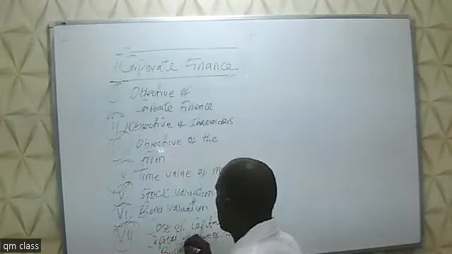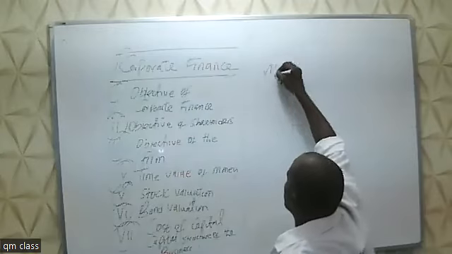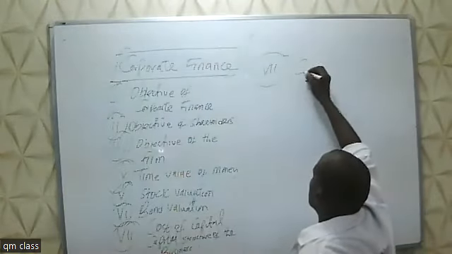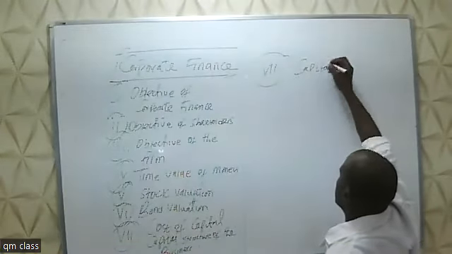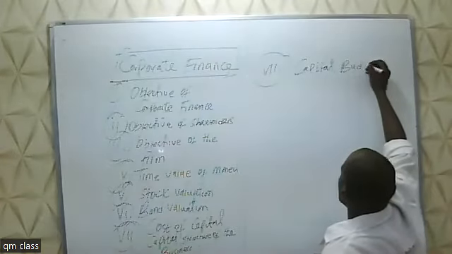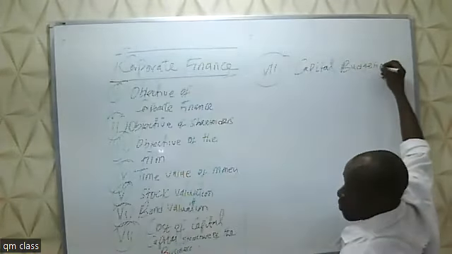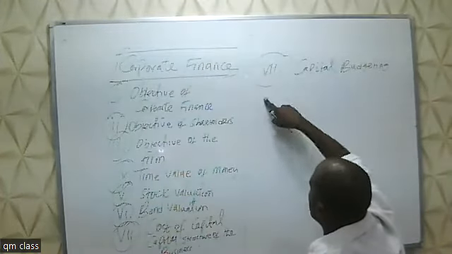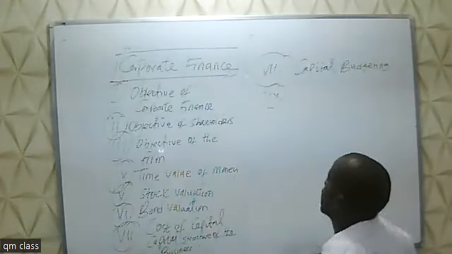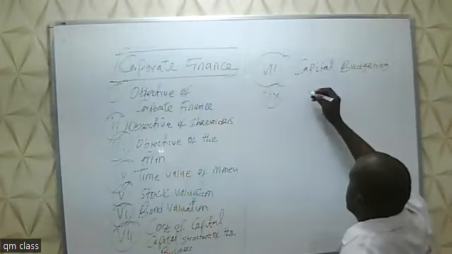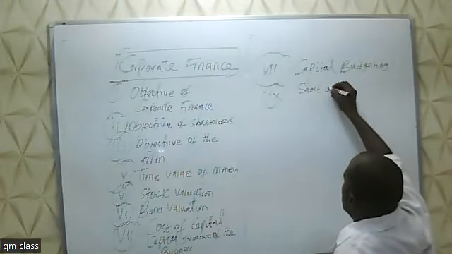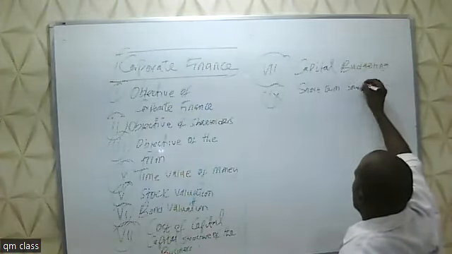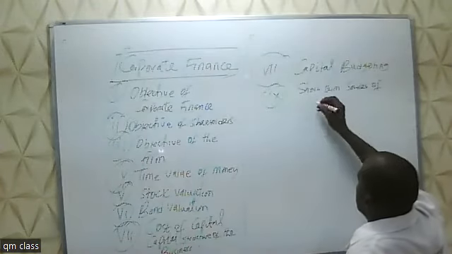Then we have the other one where we are looking at capital budgeting. Then getting down to number 9, where we are looking at the short-term sources of finance.